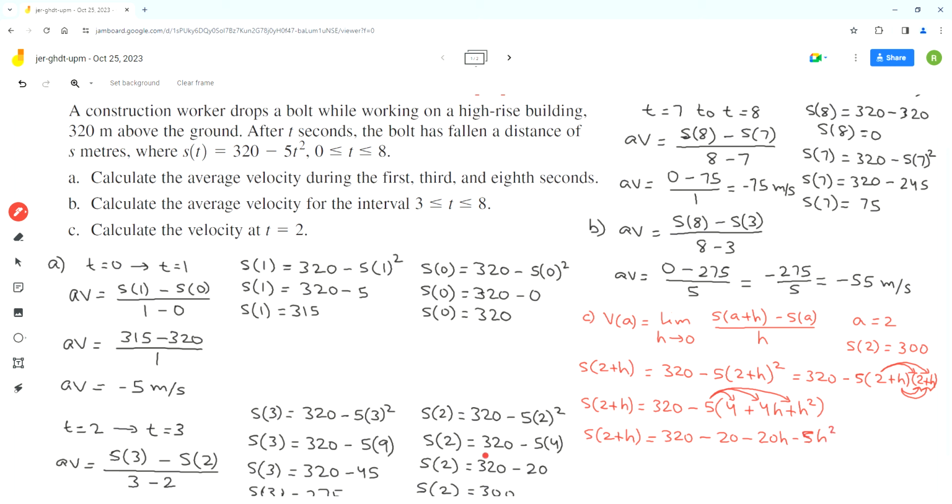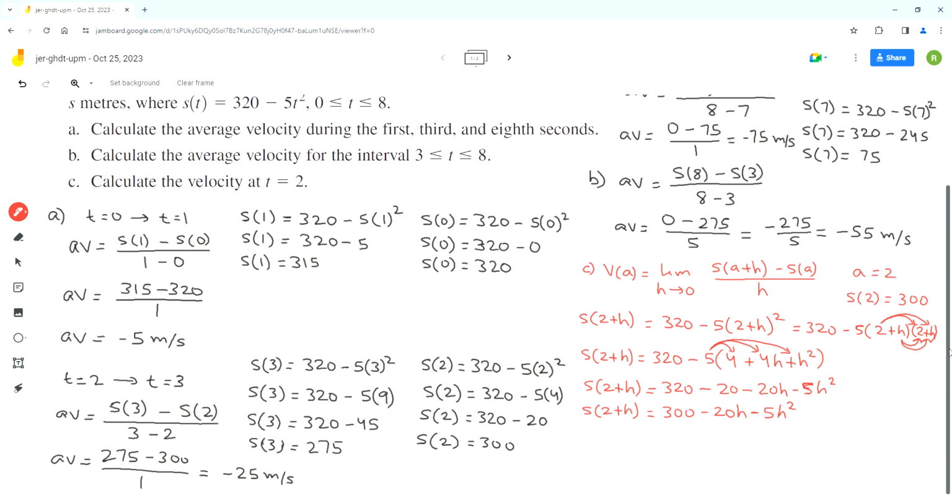And now we can combine like terms. So s at 2 plus h is equal to 300 minus 20h minus 5h squared. So this is the expression for s at 2 plus h we should use in the formula for instantaneous velocity.